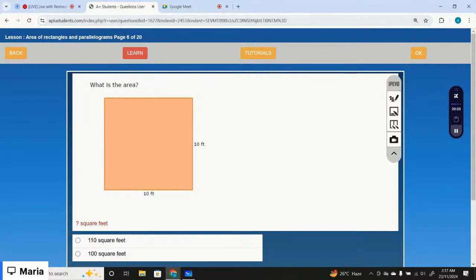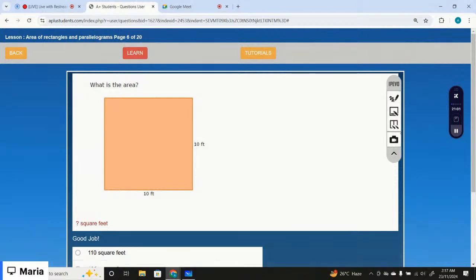What is the area? Which is the correct option? That is 10 times 10 equals 100 square feet. Option number 2 is the correct option.